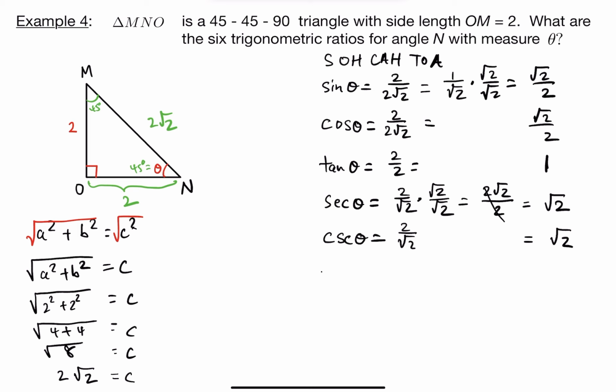And lastly, cotangent of theta is going to be the inverse of tangent of theta. We know tangent of theta is 1. The inverse of that is also 1, so the cotangent of theta is equal to 1. So our 6 trigonometric ratios are right here.